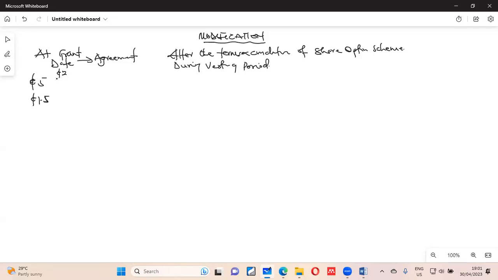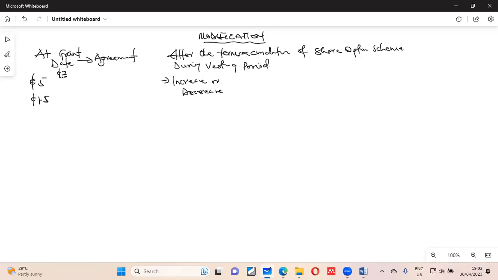So you see, the reason for modification is actually to increase or to decrease the exercise price that you have in the scheme.